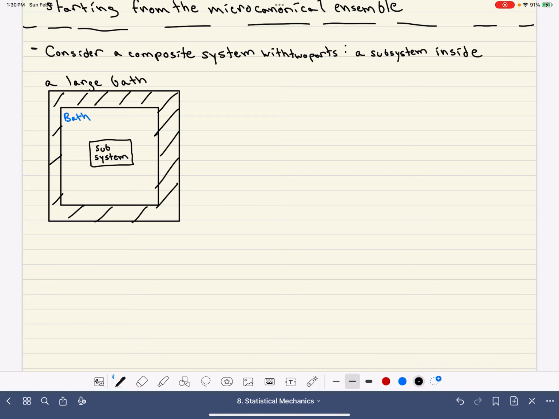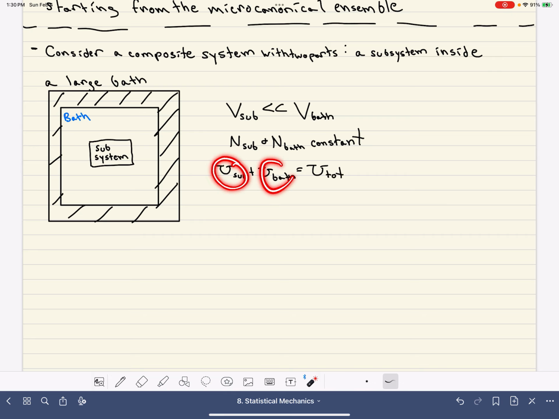The system is designed in such a way that the volume of our subsystem is much smaller compared to the volume of the bath. The number of molecules in the subsystem and in the bath are constant. There's no exchange of molecules between the two. The total internal energy of the subsystem plus the bath is constant, just based on conservation of energy.